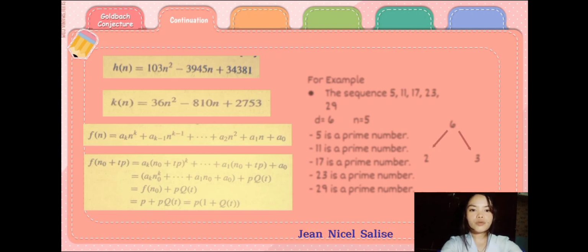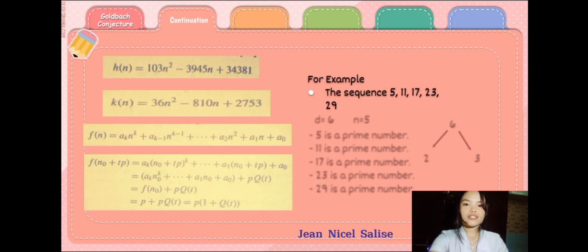Hence, from our assumption that f(n) takes only prime values, f(n₀ + tp) is equal to p for any integer t, because a polynomial of degree k cannot assume the same value more than k times. We have obtained the required contradiction.